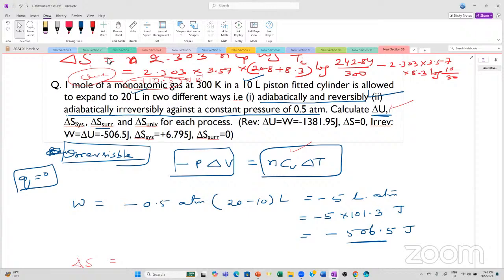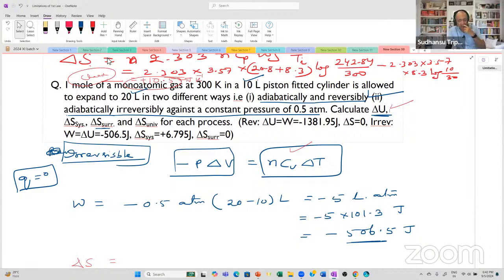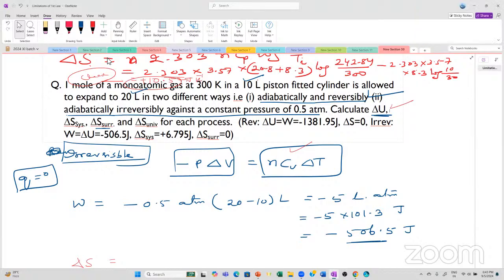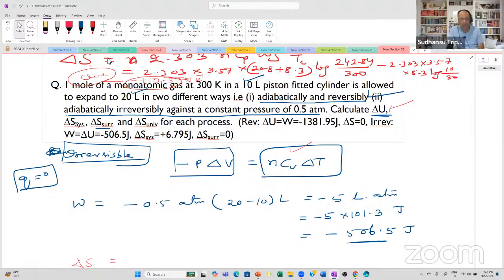Sir, nCp ln T2 upon T1 minus nR ln P2 upon P1. Well, yes. Okay. But which one do you want to fit in here for this question, the first one or the second one? Sir, the first one. Okay. Since the volume data is given, it is better to use the first one.